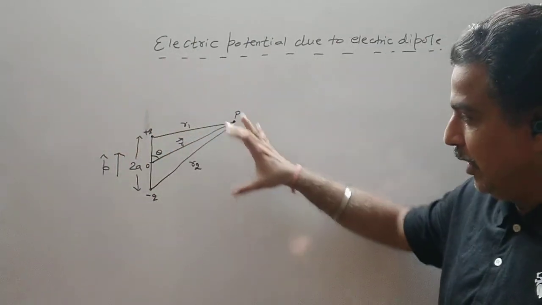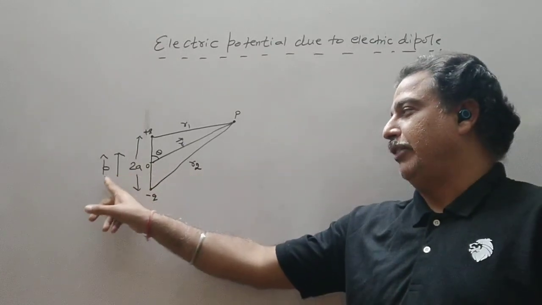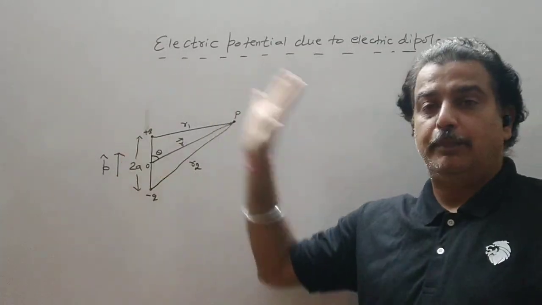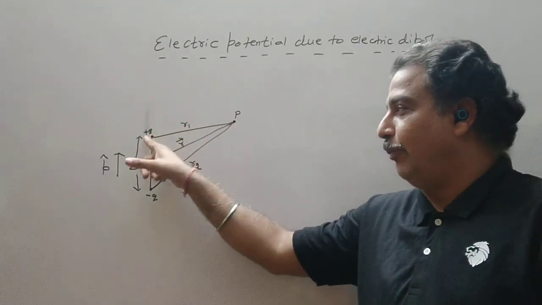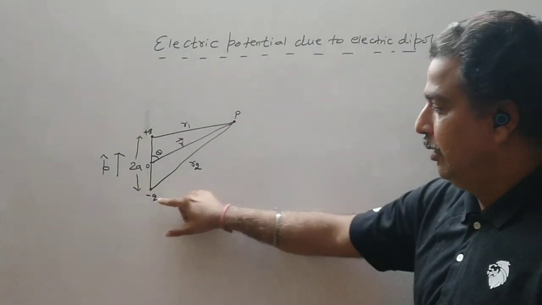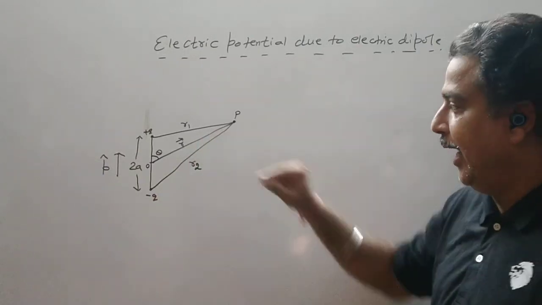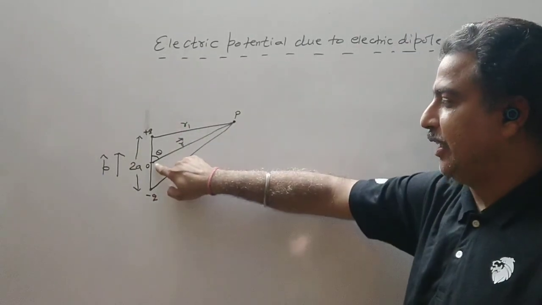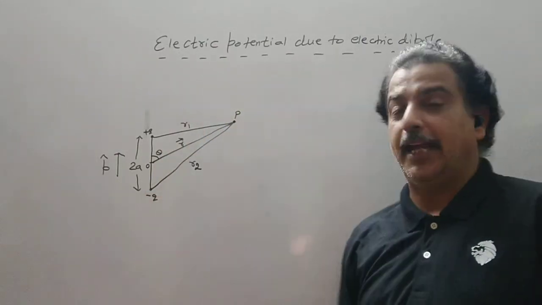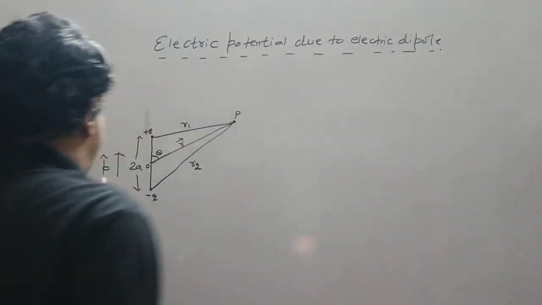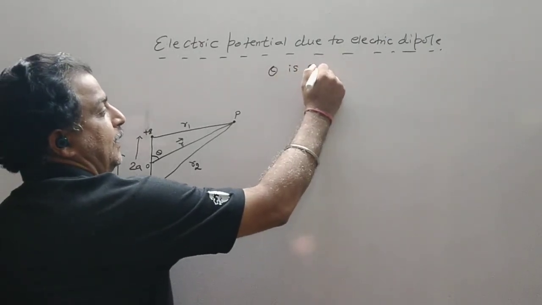See the geometry, simple. Consider a dipole separated by a distance 2a. p cap is a unit vector in the direction from negative charge to positive charge. What is R1? That is the distance of point P from plus Q charge of a dipole. Point P is at a distance R2 from minus Q charge, and the position vector, that is from the midpoint to point P, is R vector, and theta is the angle between p cap and R vector.